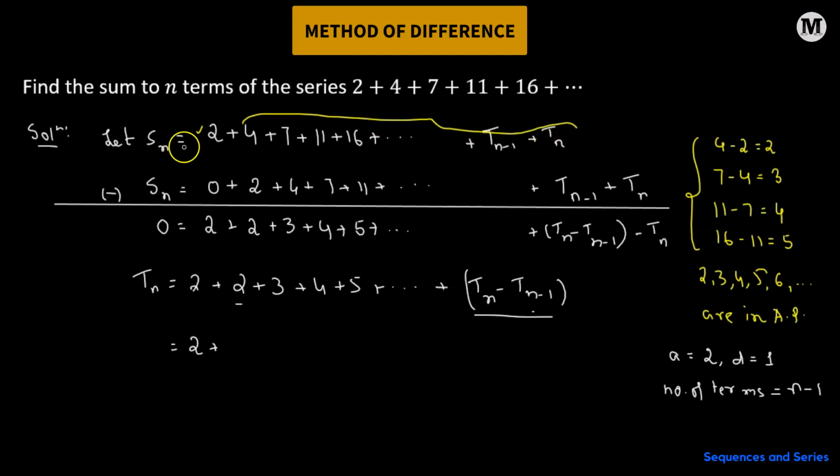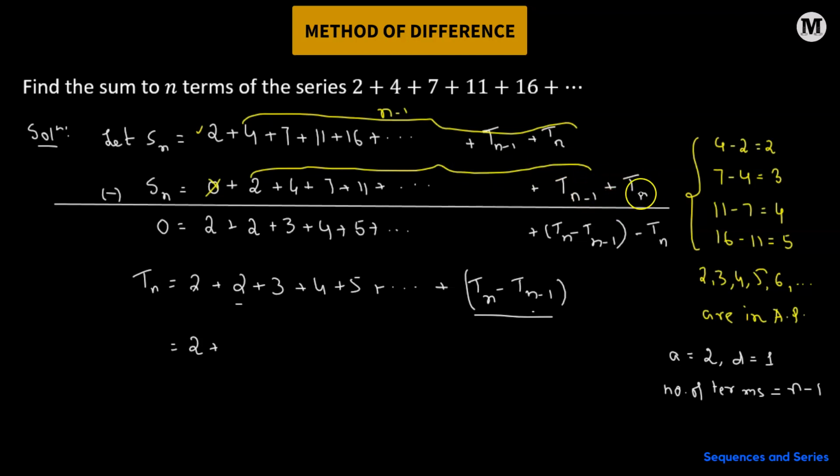Now by definition, Sn has n terms. The moment we exclude one term from the series, it's left with only n minus 1 terms. Similarly for the second sum, let's not consider the 0, this is only added for our convenience. Here the first term was 2, so we included the first term in this case and went all the way up to the second last term.